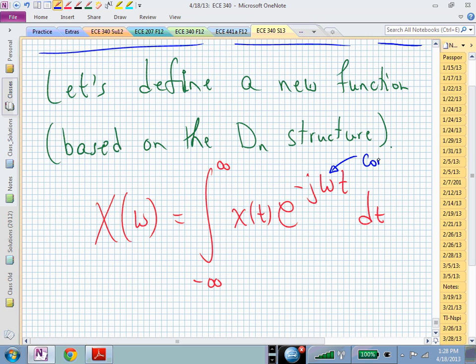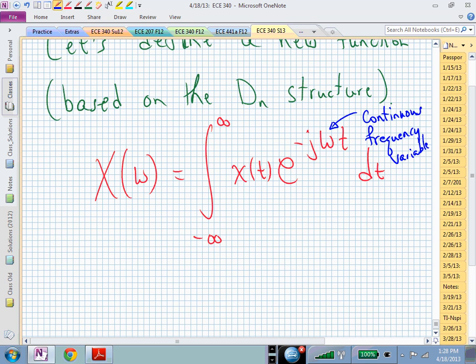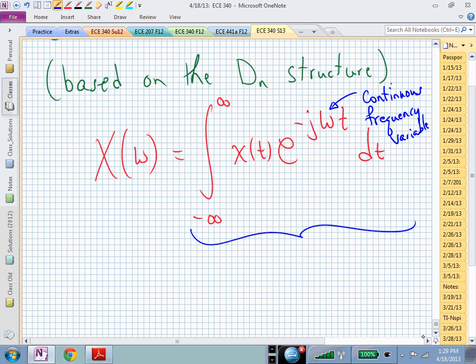This omega is now this continuous frequency variable. And if we wanted to know what the frequency content was at a particular frequency, we would just evaluate this integral at that frequency. What we're doing in this integral, though, is what's our variable of integration?